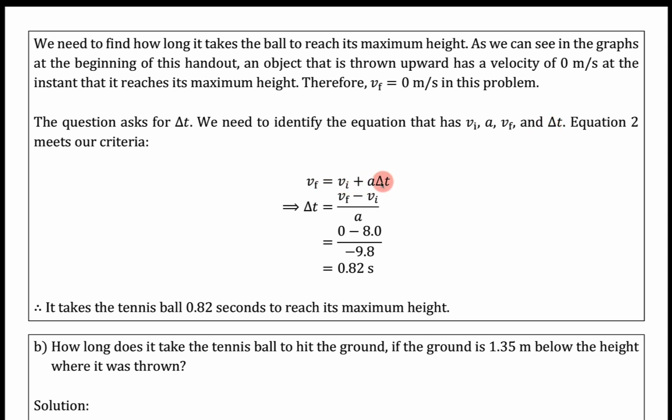Equation 2 meets that criteria. And so if I solve for delta t in that equation, I get this. And then if I plug our values in, we find that delta t is 0.82 seconds. So it takes 0.82 seconds for the tennis ball to reach its maximum height.